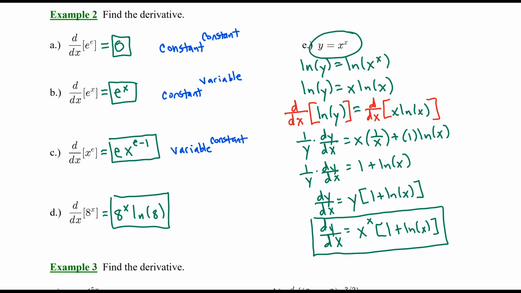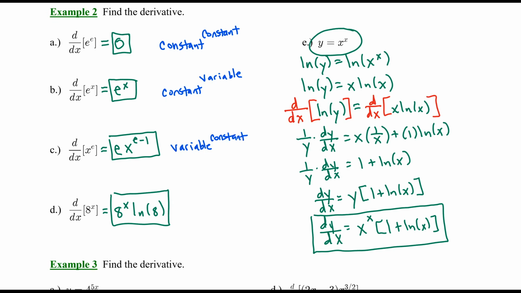We needed the power rule there. And on example D, we had constant base, variable exponent. That's an exponential function. And the base was something other than e, so we had to apply our special rule. And then finally, on example E, we had variable base and variable exponent. So we had to do logarithmic differentiation. So be sensitive to the structure of the function you're differentiating. That dictates which rule you apply.